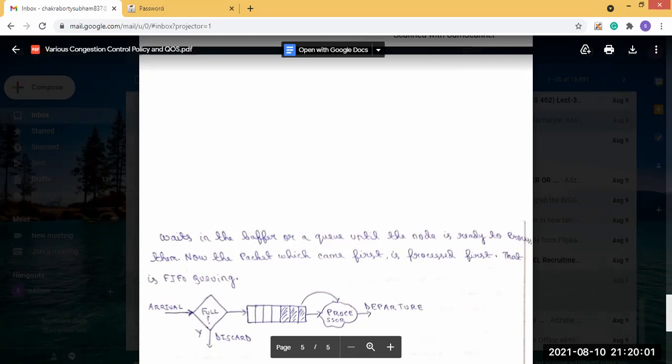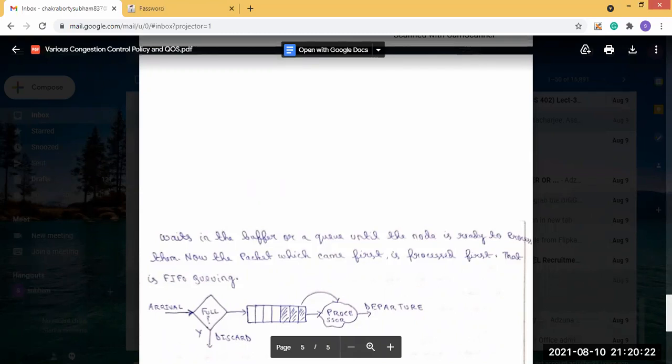So the packet which is coming has to wait until the node is ready to process it, and it waits in the buffer or a queue.